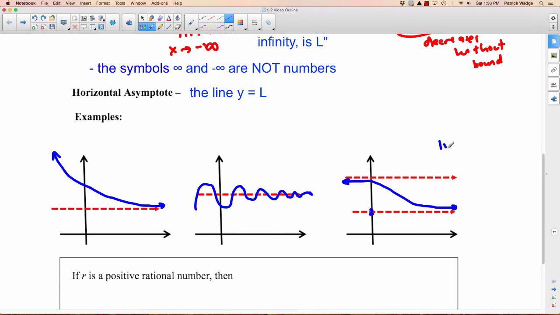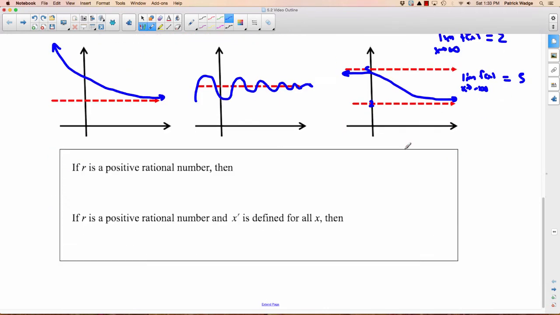If this function is f, then the limit of f of x as x approaches infinity would be 2. But if this is 5 up here, then the limit of f of x as x approaches negative infinity would be 5. So they certainly don't have to be the same when you're doing these limits. Okay, those are just some examples. I was trying to whip through those, and I took longer than I should. I always take too long.